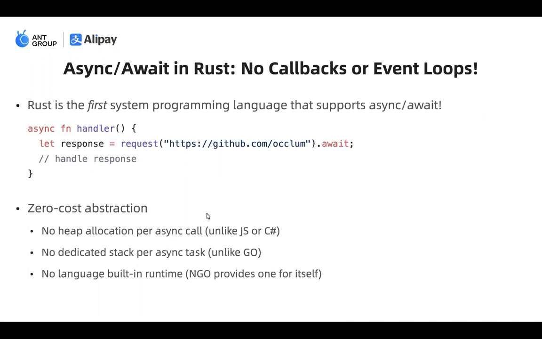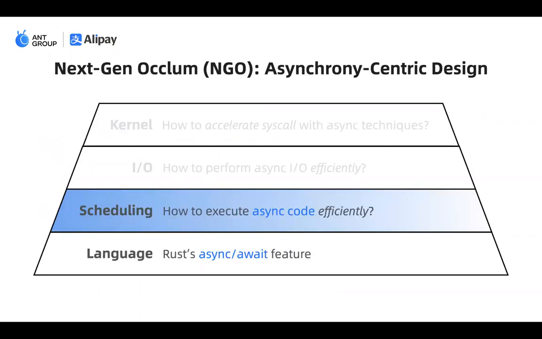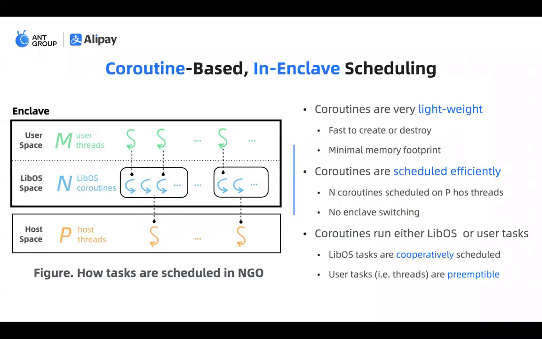So this is the programming language foundation for us to make this asynchrony transition. And the second level is that now we can express async code, but how can we execute this async code efficiently? So this is why we introduce a coroutine-based in-enclave scheduling.